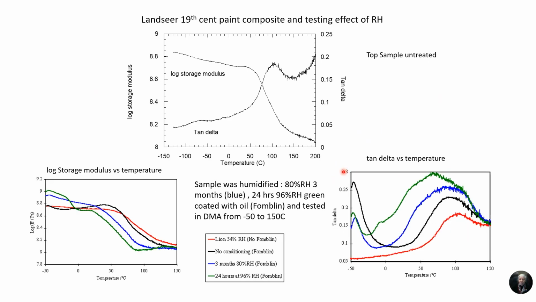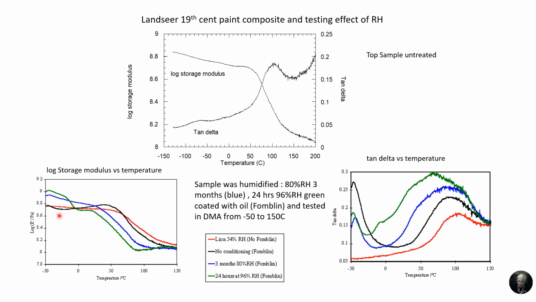We've also measured 19th century paint composites and tested the effect of RH. And in testing the effect of RH, we coated the sample with this oil formalin so that it didn't lose moisture during heating.